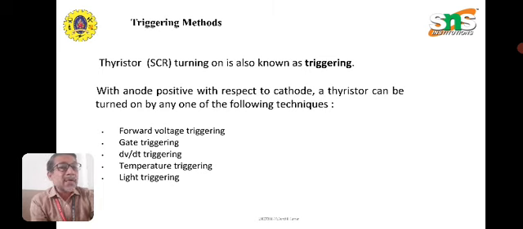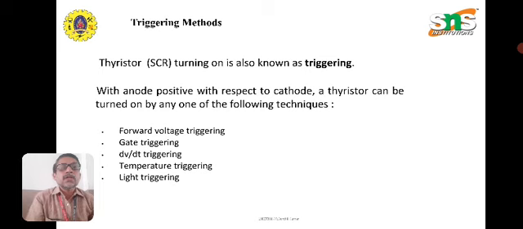A small spike of voltage is given to the gate such that the depletion layer of the J2 junction decreases and demolishes. Therefore, there will be a flow of current from anode to cathode, meaning the switch is turned on.